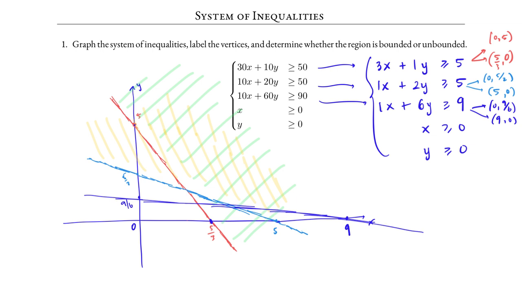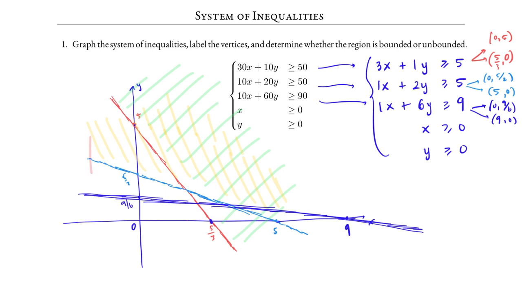We then need to determine which region to shade, above or below this line. If we plug in the point 0, 0, we see that 0 plus 6 times 0 is 0. 0 is not greater than 9. So we would need to shade the part that is above the line, everything that is above the line.